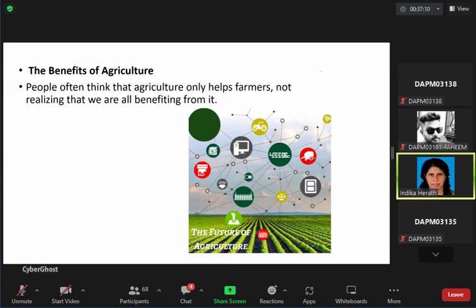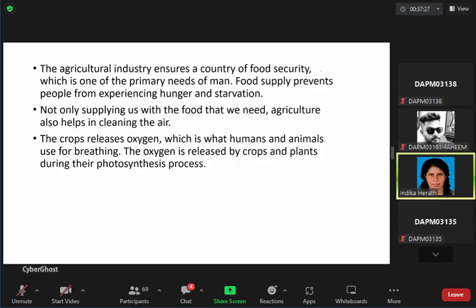So if we are thinking about improving the agriculture sector, we have to think about the use of technology and the modern way of doing agriculture. So we will talk about that as well, right?